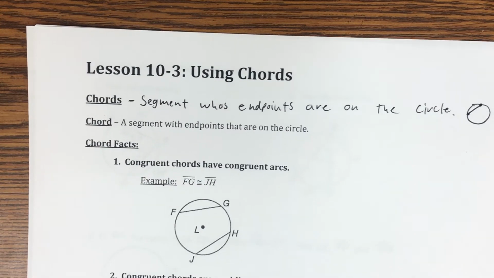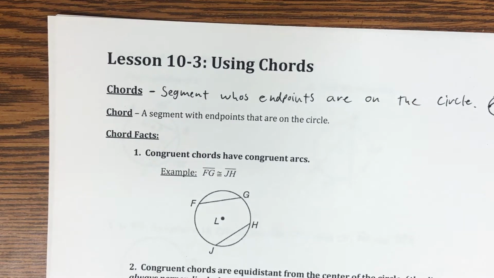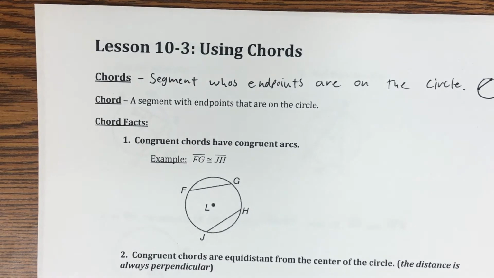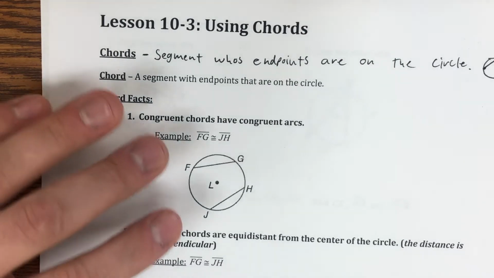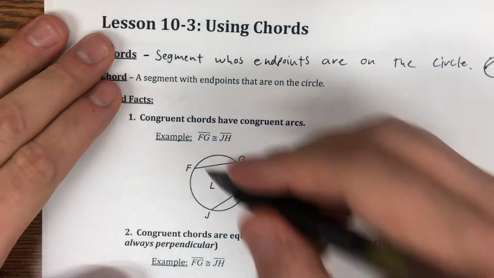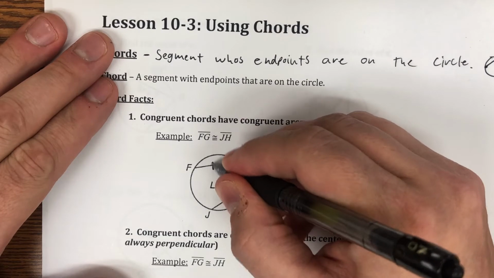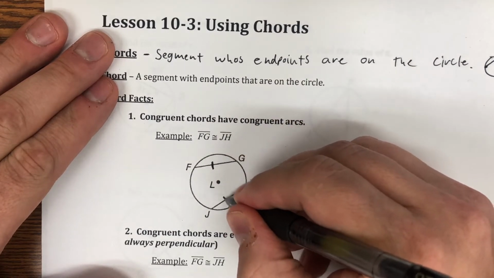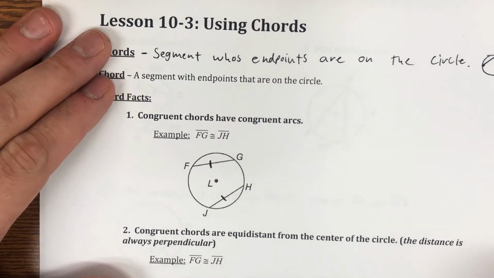The chord facts, theorems. There are some things that go on with our chords. Chords that are congruent in length inside the same circle. In this case, we have the circle L. If chord FG is congruent to chord JH, then their arcs are also congruent.